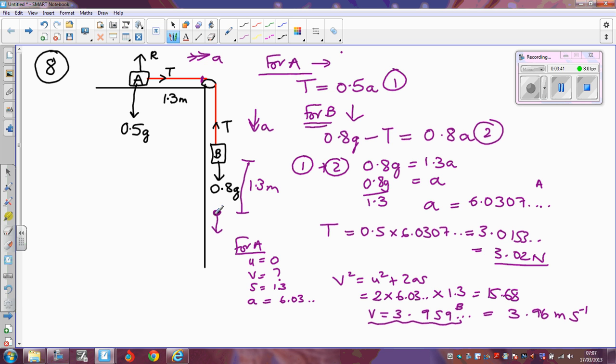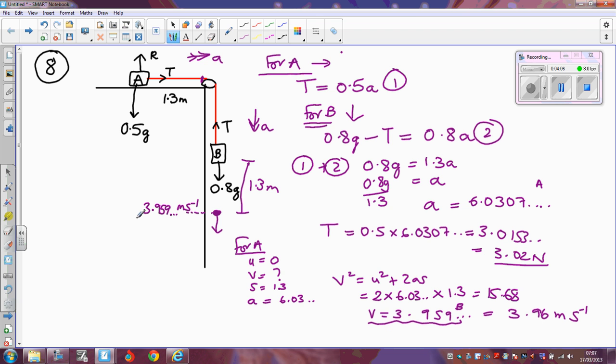In other words, it's accelerating downwards at 9.8 metres per second squared. We also know that at the point where B is released, it's travelling at 3.959 metres per second, and that's quite important.